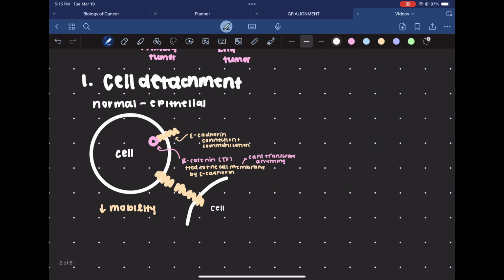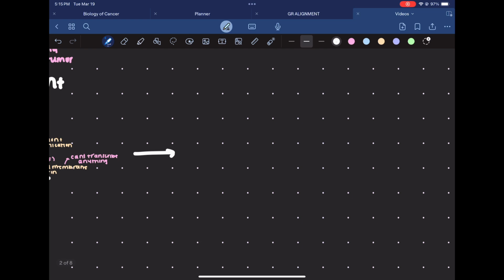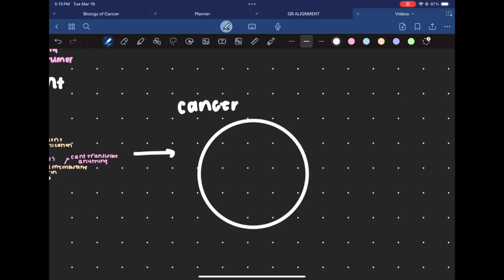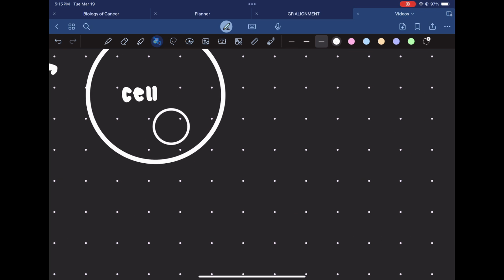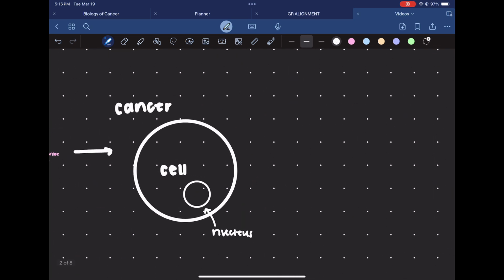Now if I transition over to what cancer is going to look like, I'll have cancer over here. Here's my cell. Let me put my nucleus in for good measure. So that is going to be my nucleus right here. My cancer cell is going to have a little bit of a different characteristic.